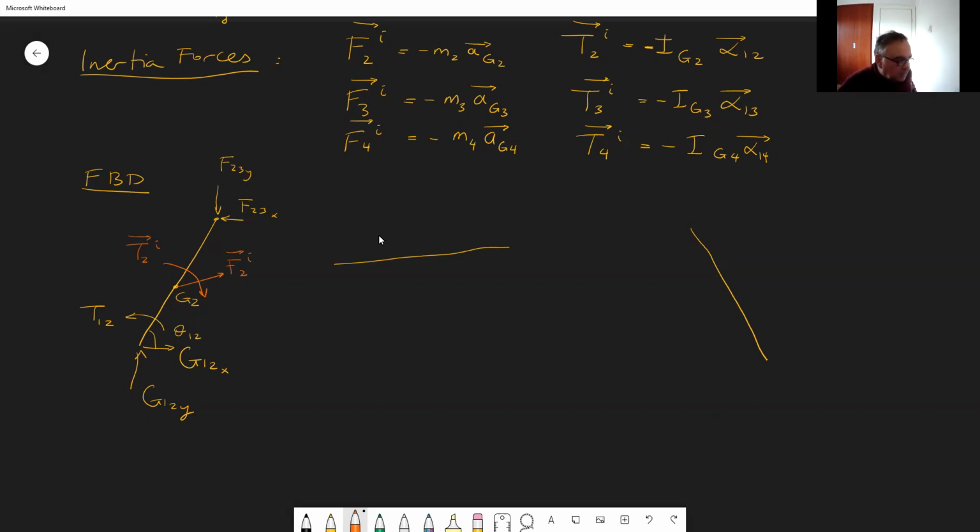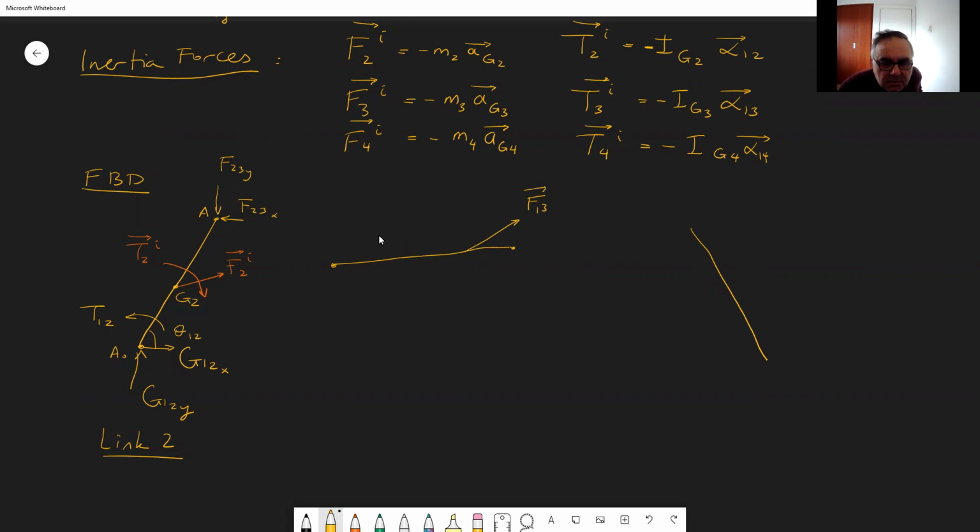So these are all the forces acting on link 2. So this was A0, this is A again, and this is B. So what are the forces now? Well, there is an external force here, which is like here F3, or was it F13?